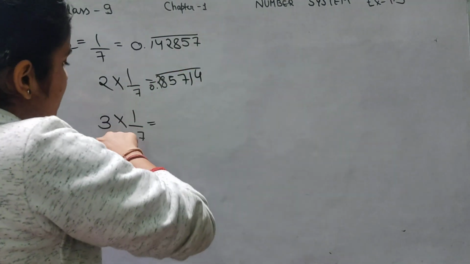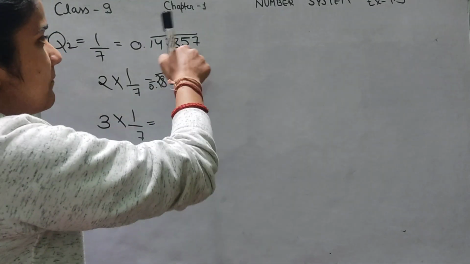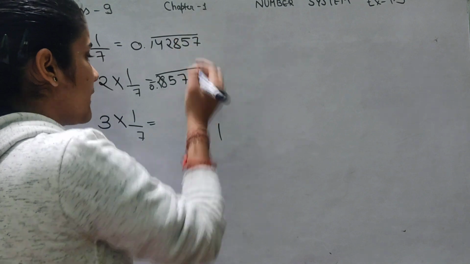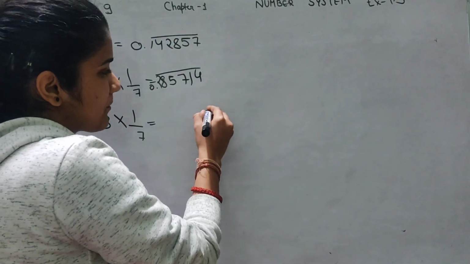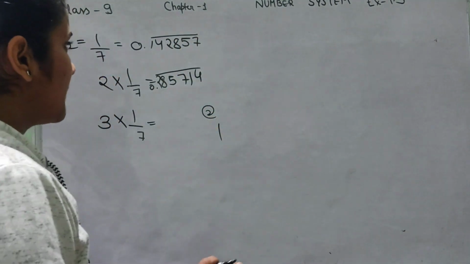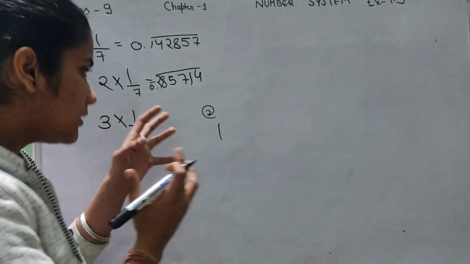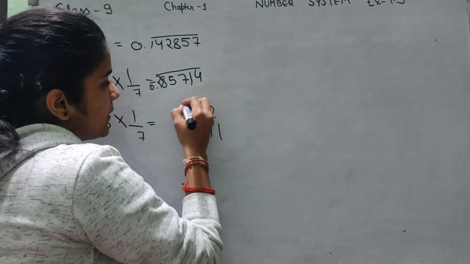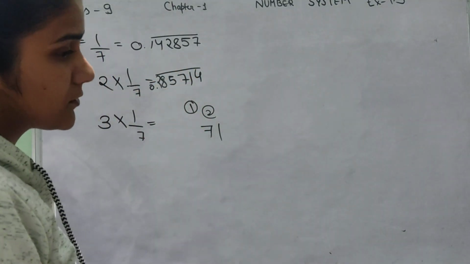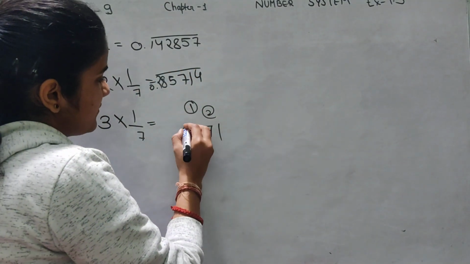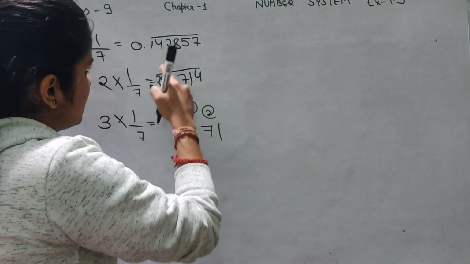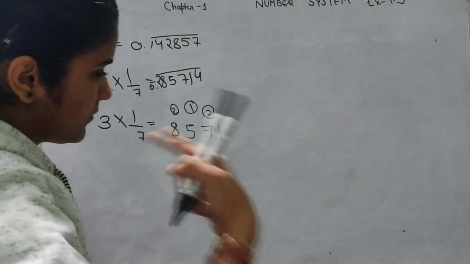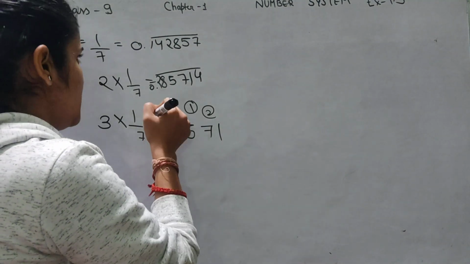So what you need to do, you need to simply multiply 3 by this number. So 7 threes are 21, carry 2. You can write the carry in 1 also if you like. In 9th class you can write it, but in the answer, differentiate it. So 5 threes are 15, 17, carry 1. 8 threes are 24, 25, carry 2. 2 threes are 6, 8, 4 threes are 12, 2, carry 1, 3, 4.